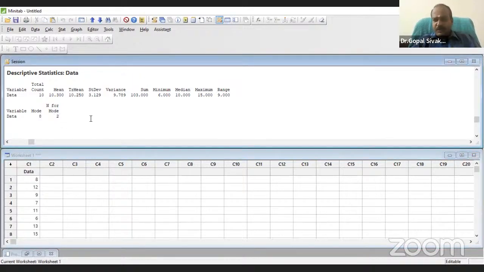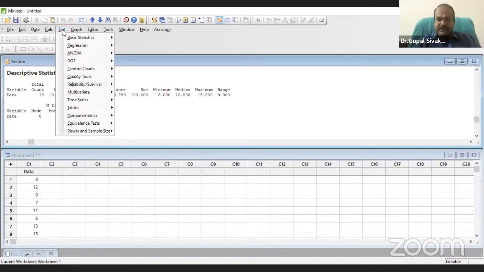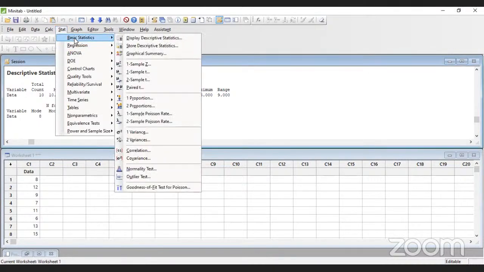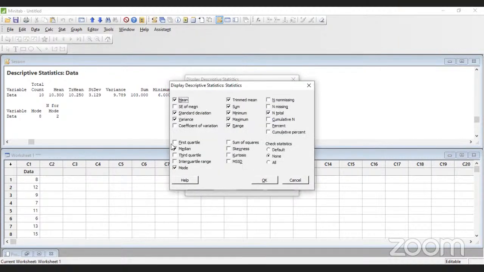All of you, do you understand now? Yes, sir. How did we do it? We should go to Stat, then Basic Statistics, then Display Descriptive Statistics. Very good. And then select the data. And then go to Statistics. Whatever is required, you can select.